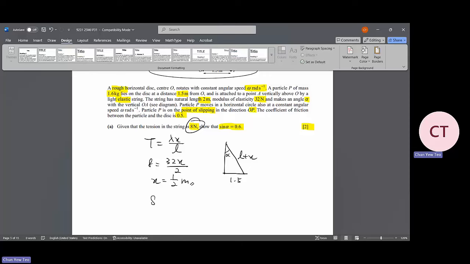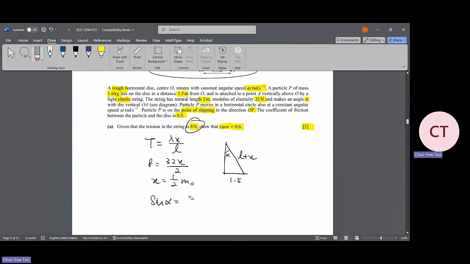So sine alpha is equal to 1.5 divided by L plus x. Press on the calculator, you get 3 over 5, or 0.6, shown. That is the answer for part A.